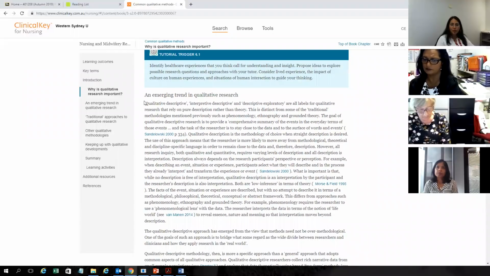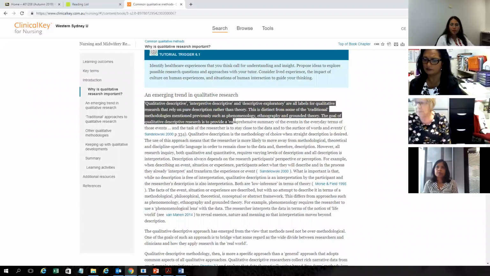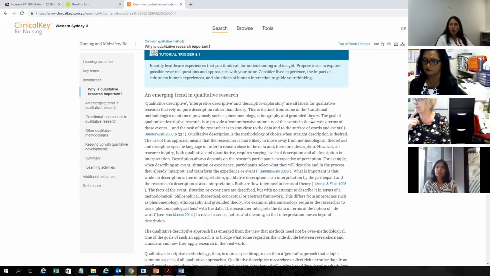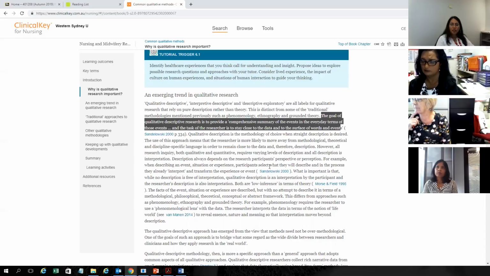There you go. Qualitative descriptive is research that relies on pure description. This is distinct from some of the traditional methodologies. And the goal of qualitative descriptive research is to provide a comprehensive summary of events in the everyday terms of those events.